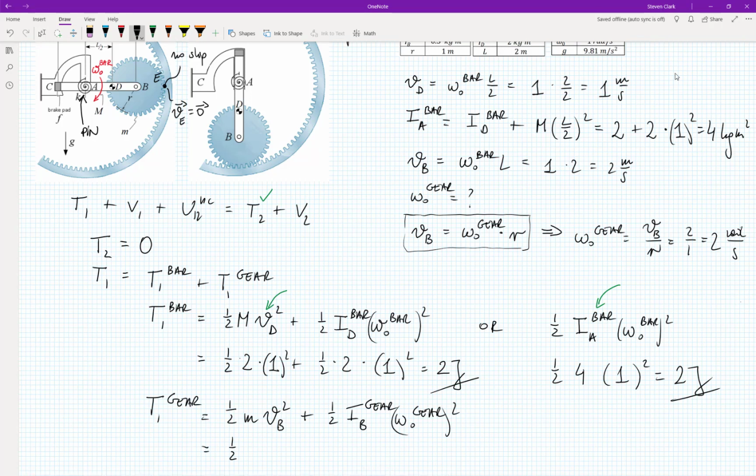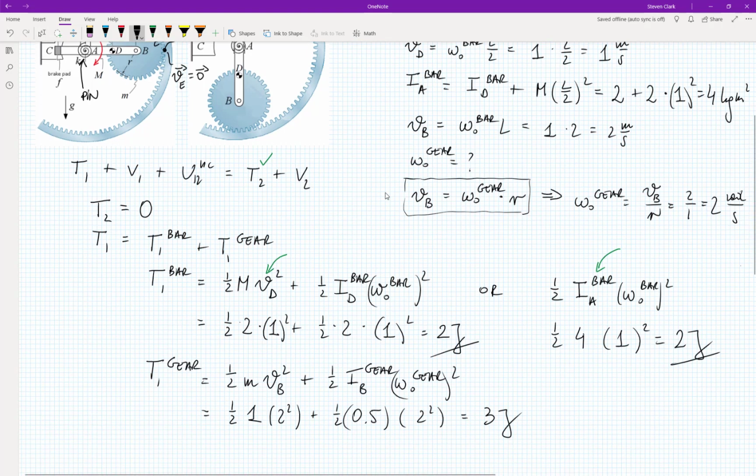1/2 times 1 times 2 squared plus 1/2 times 1/2 times 2 squared. And this should be 3 joules.